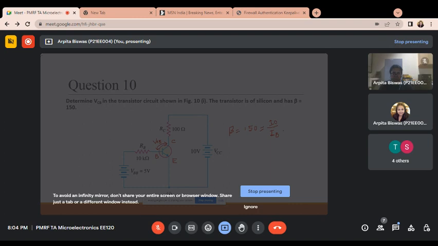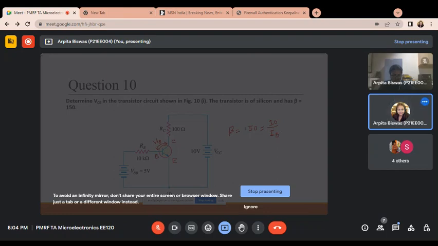When the base current is 0.43 milliampere, question number 10. Yes, the base current is 0.43 milliampere, and then the collector current will be 64.5 milliampere. Then the collector to base voltage is minus 1.45. Collector to base, it's when VCB value is minus something.